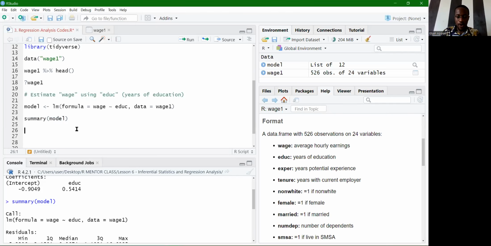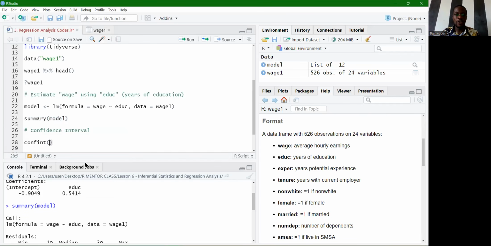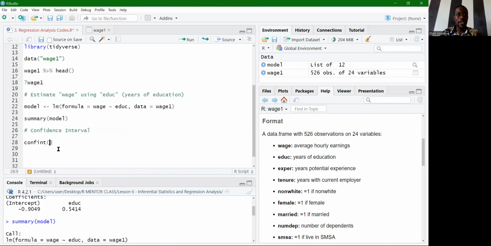So from here, all we have to do is to compute the confidence interval. And we are using the function called confint. It is a part of the base package, so you don't need to install any package. So the first thing is the object, and the object is model. And remember, we said the very first argument, you can just simply ignore it. And then we have a 0.95.